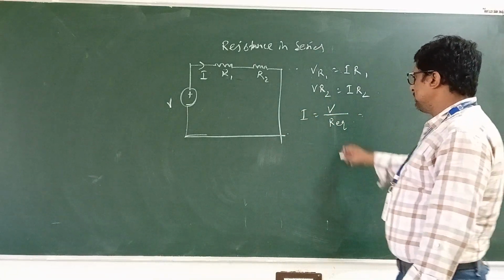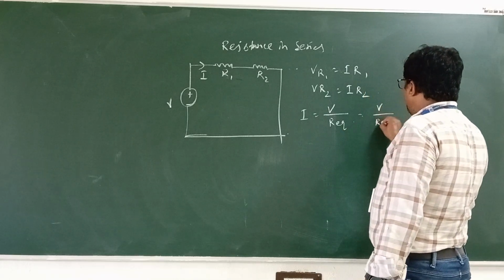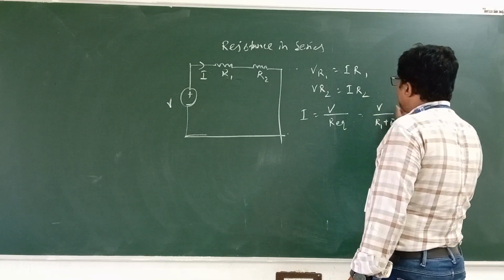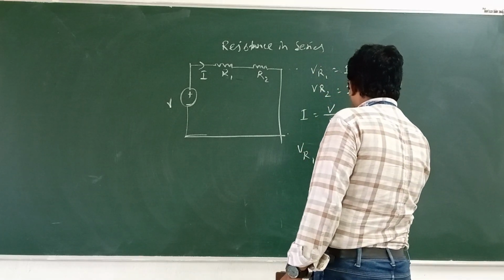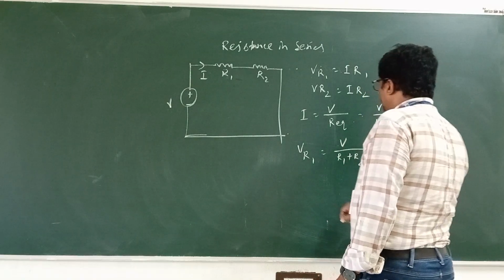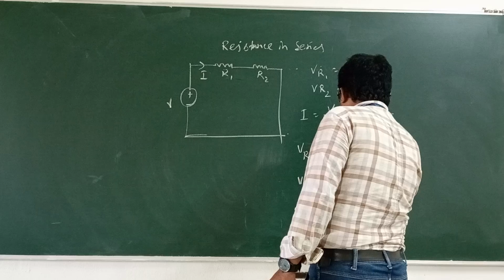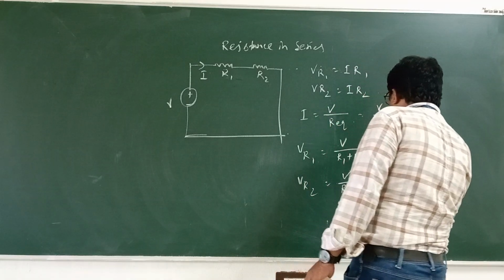So I equals V by (R1 plus R2). Putting this result in our first equation, V_R1 equals V by (R1 plus R2) into R1, and V_R2 equals V by (R1 plus R2) into R2.